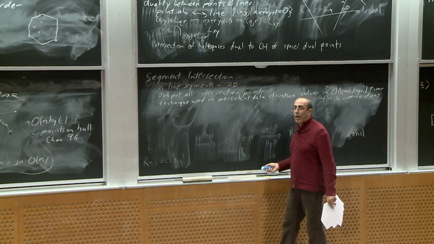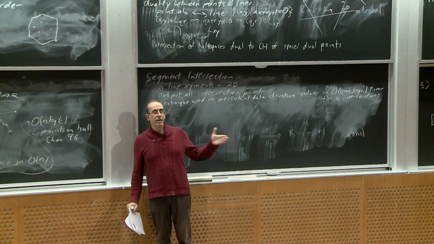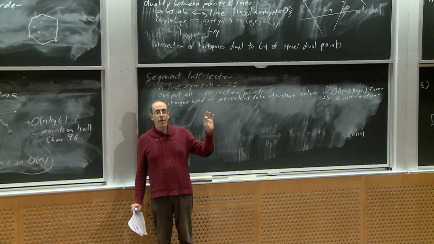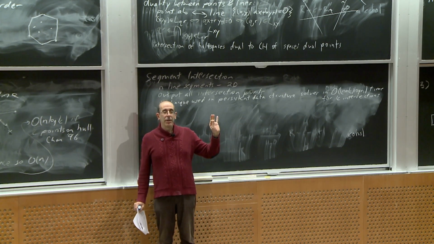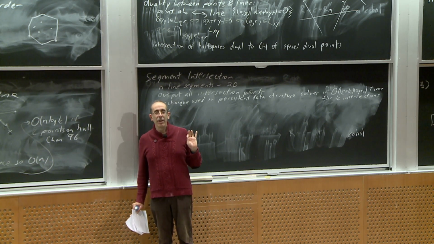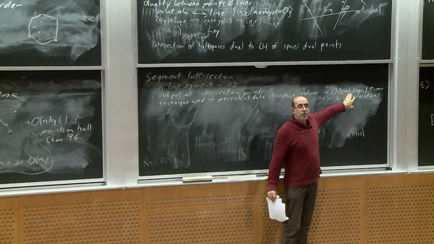Right? The n log n comes from the fact that you have to insert and delete the n segments as the sweep line is running across. And the k log n comes from those crossing events. Right? So all of the details about this are in the persistent data structures lecture, so I'm not going to give any more details. But the point is that this is now responsive to the number of intersections. Right?